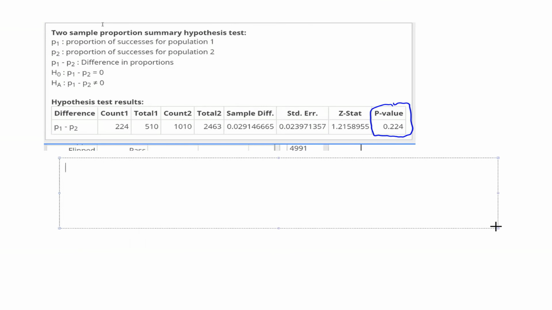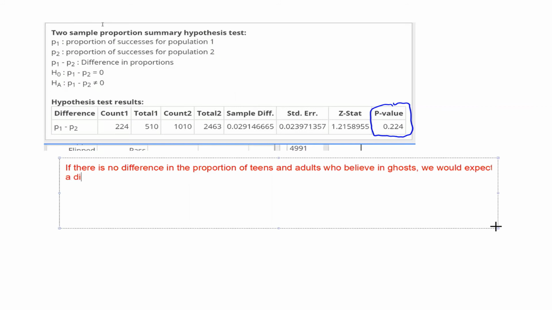Here's how we would interpret that. If there is no difference in the proportion of teens and adults who believe in ghosts, in other words, if the statement in the null hypothesis is true, we would expect a difference in sample proportions as extreme or more extreme than that observed.